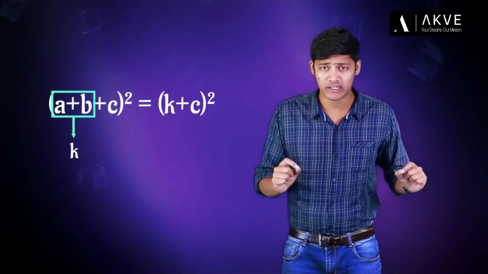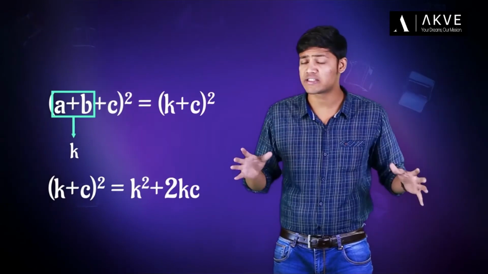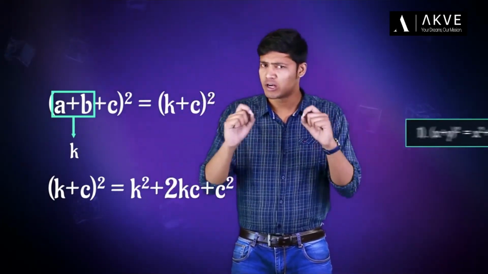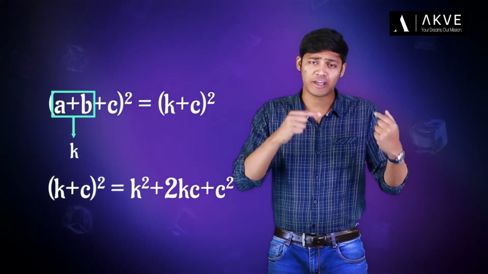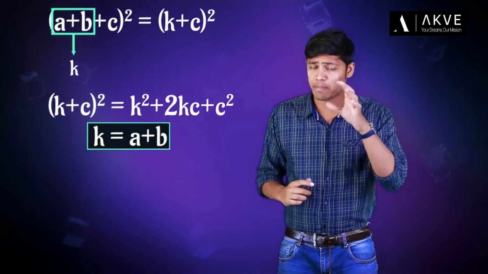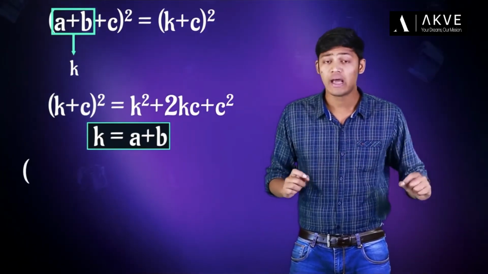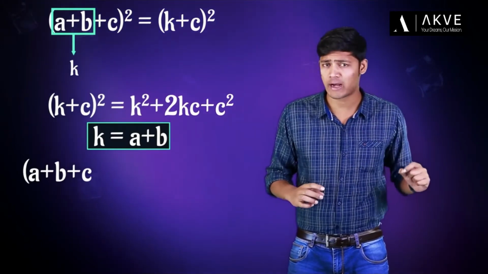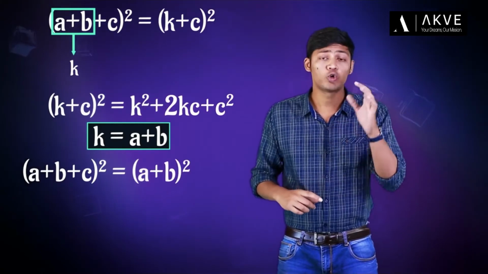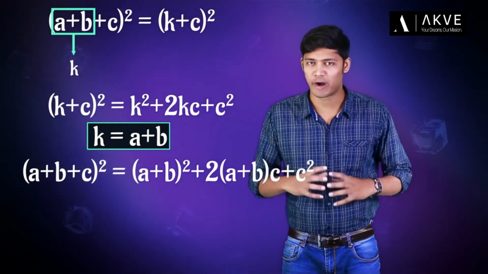Now, we know that (k + c)² is equal to k² + 2kc + c² from the first identity. Now, let's substitute the value of k back. That is, let's substitute k equal to a + b in this expression. And doing so, we get (a + b + c)² equal to (a + b)² + 2 × (a + b) × c + c².